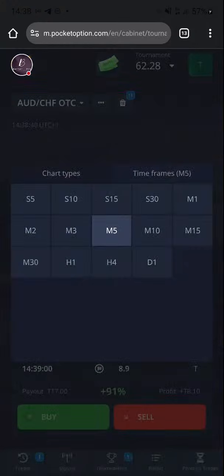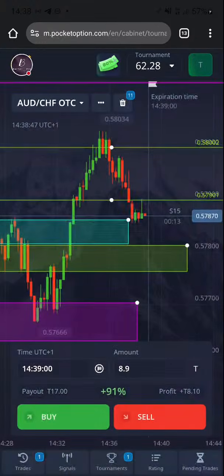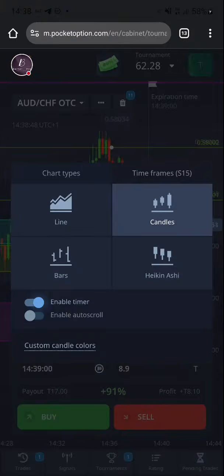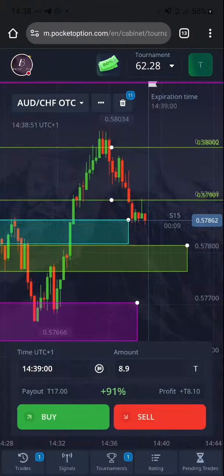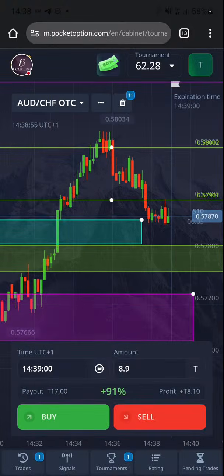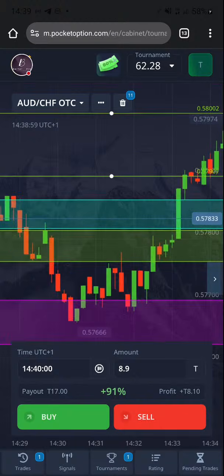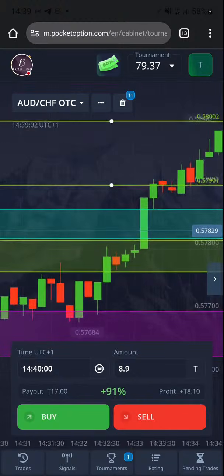I'm looking for a... okay, we have an engulf in M5. Let's check the entry. No entry yet. No entry yet. No entry yet. S10. Okay, I found it. Okay, we found an entry. There's an entry.